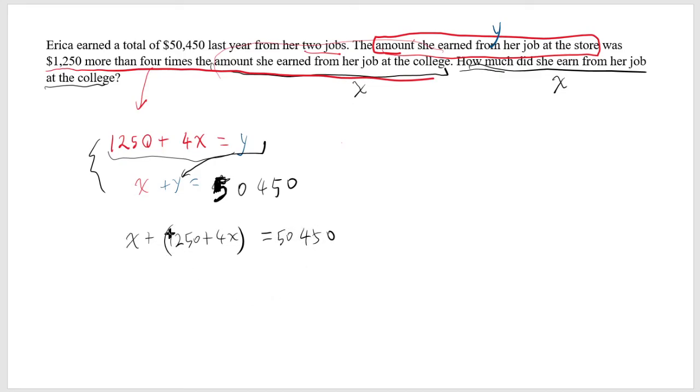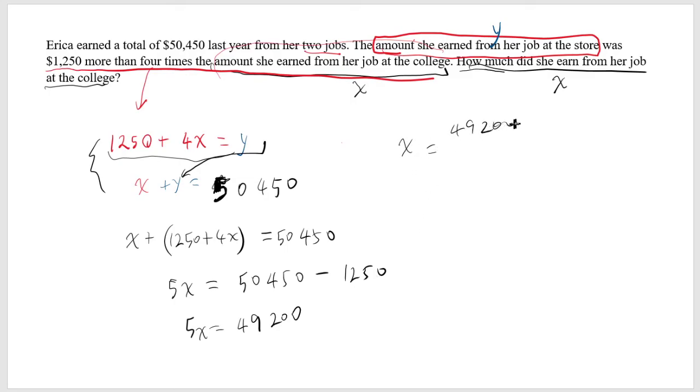And if you get rid of the parenthesis, 4x plus x is 5x. And then you can subtract 50,450 minus 1250. So I took this term and moved it to the other side, which now says it's 49,200 divided by 5, and then finally x is 49,200 over 5.